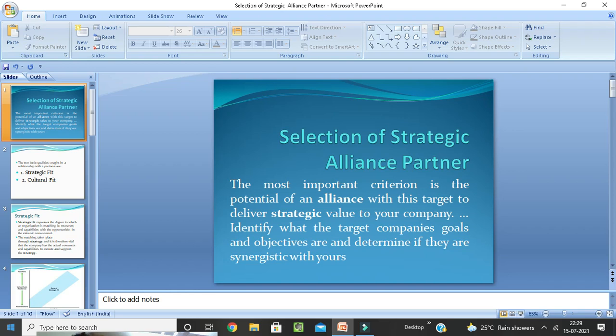The most important criterion is the potential of the alliance with this target to deliver strategic value to your company, or identify what the target company's goals and objectives are and determine if they are synergetic with yours when you are going for it.